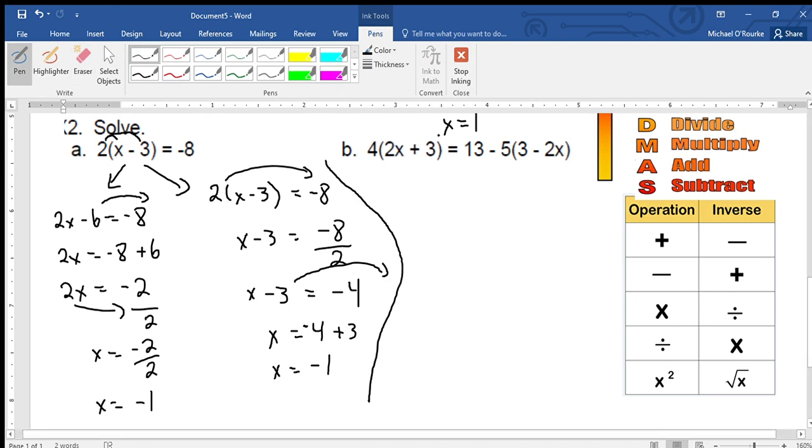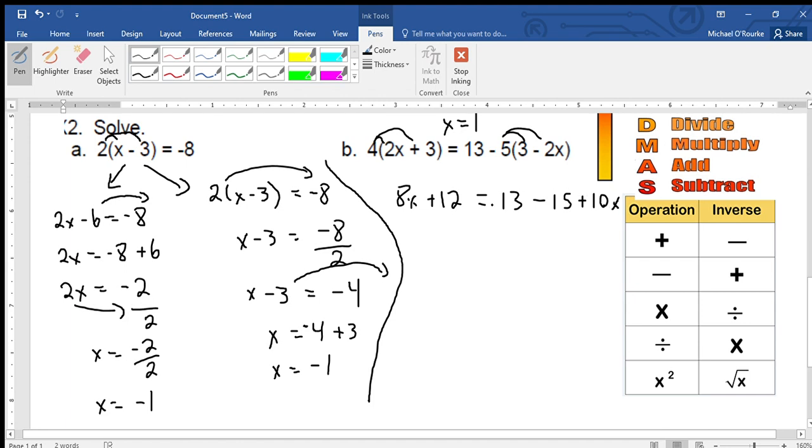I have a bracket on this side, a bracket on this side. So first thing I'm going to do is I'm going to rainbow each side. So that's going to give me 8x plus 12 equals 13 minus negative times positive minus 15 plus 10x.